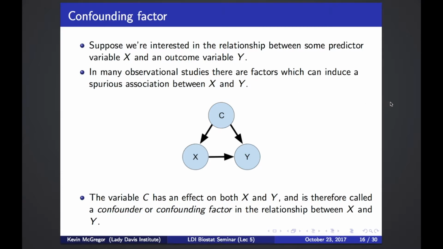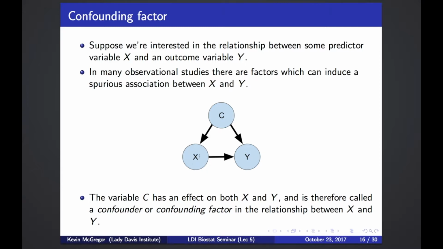There are often factors that can induce a spurious association between x and y. So an association could appear even though there is no true association between the variables x and y. Let's say I've drawn here what's called a causal diagram.